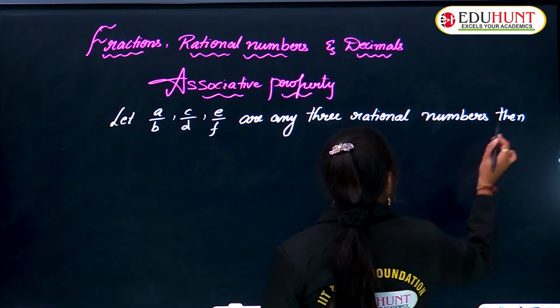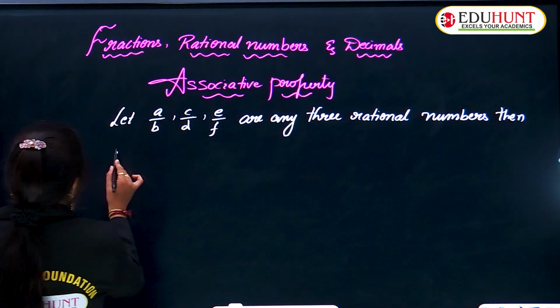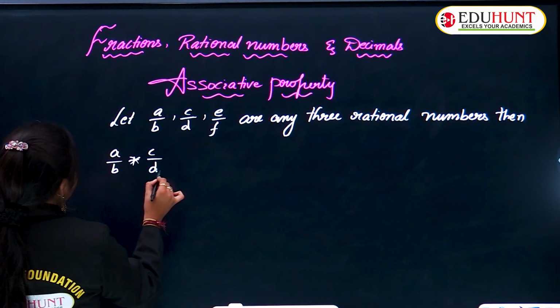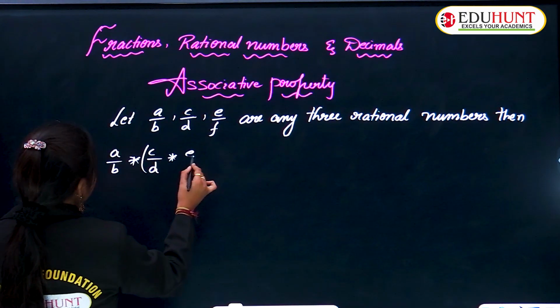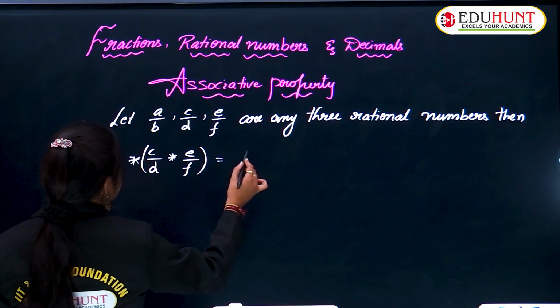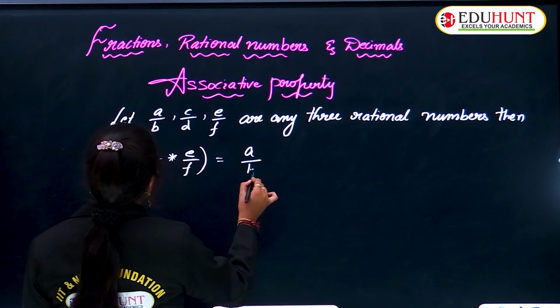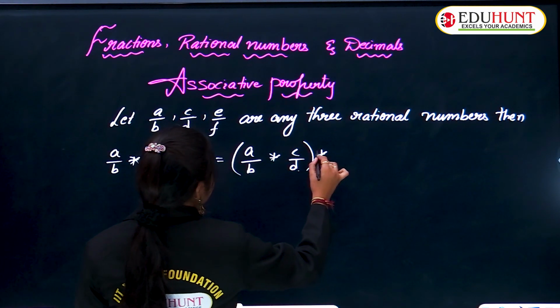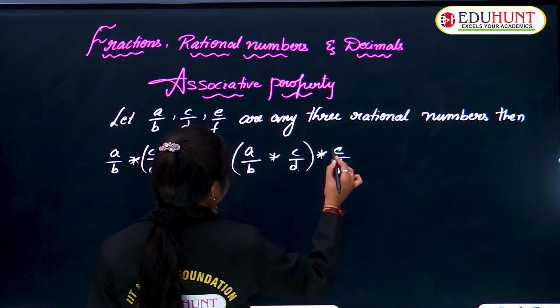Then A by B star C by D star E by F equals A by B star, in any way we can write this, star E by F.